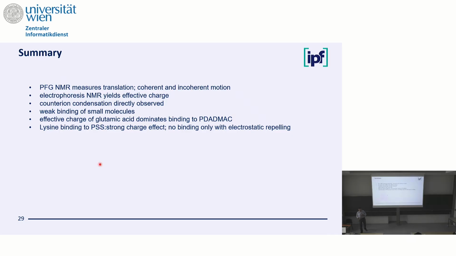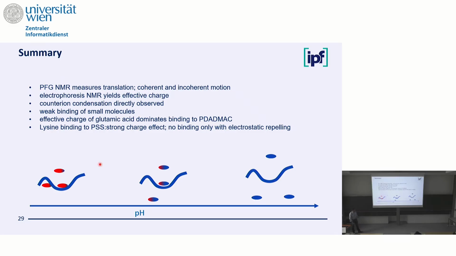If we know the effective charge of macromolecules, we can determine the degree of counterion condensation. So usually for strong synthetic polyelectrolyte, I hope I could convince you that we can use that also to measure transient binding with the information on the effective charge.